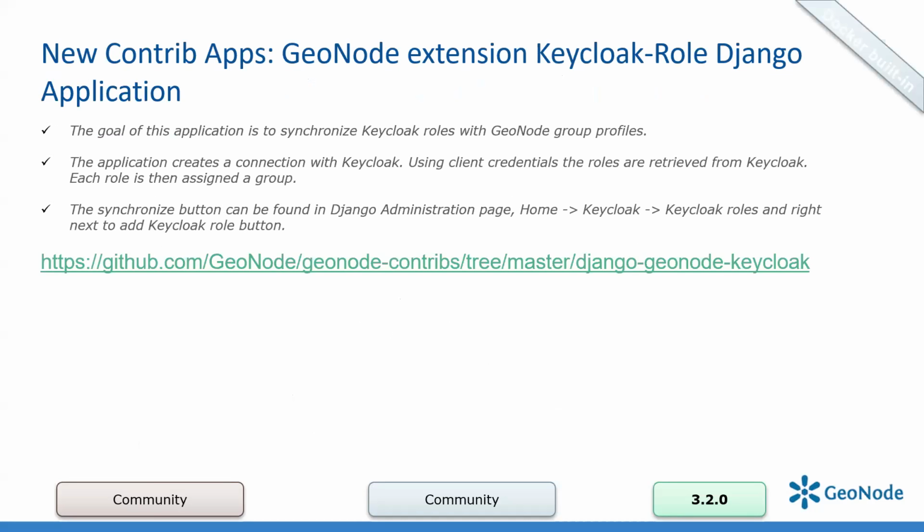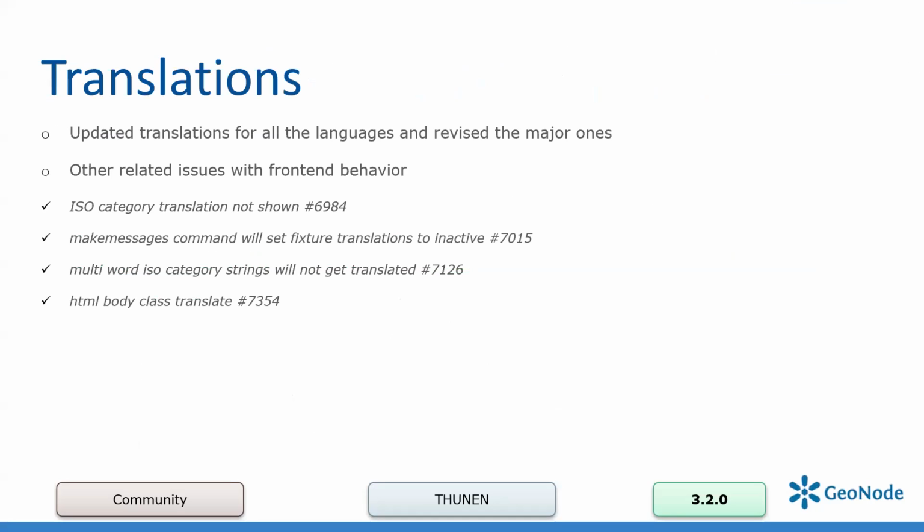Okay, we have a new contrib application, which is not shipped by default with GeoNode, but it's a plugin that you can enable if you want, which is an extension that allows you to parse roles from Keycloak. There have been a lot of improvements on the translation subsystem, and at least the main languages have been revised completely, regenerated and translated again.